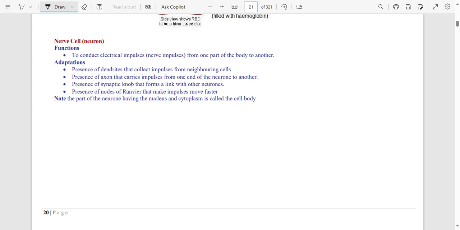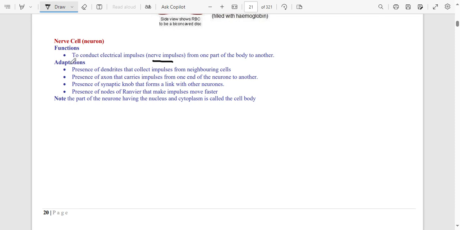If you step on a nail, if your nerves are not working, you can't feel that you have been hurt. Okay? If you get touched without nerves, you will not feel that someone has touched you. So for you to have those nerve impulses, you need these nerves. That's the function, to carry nerve impulses or electrical impulses.